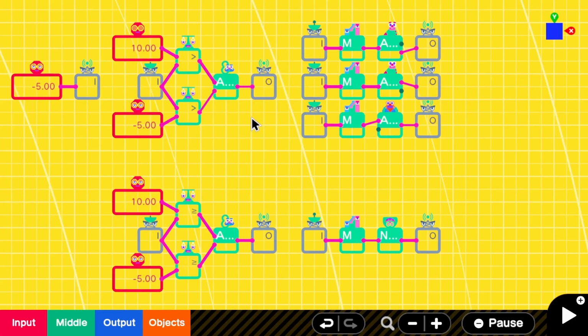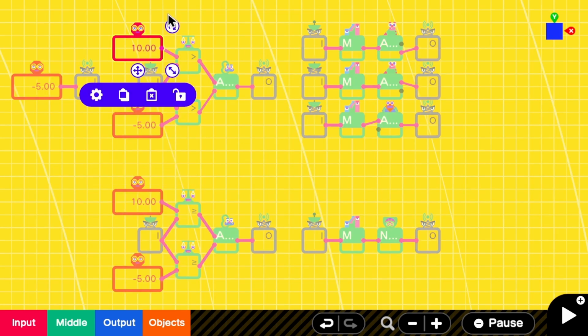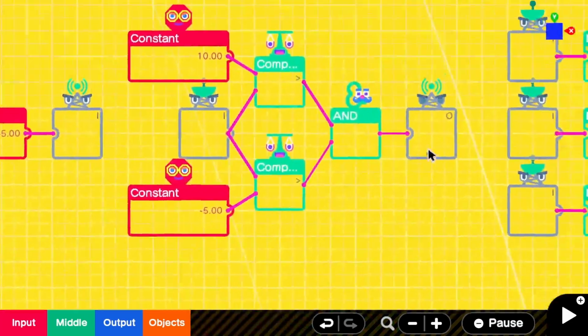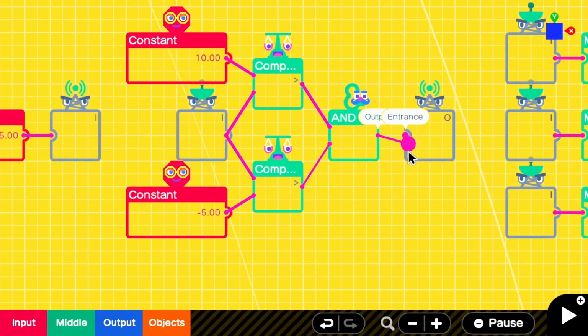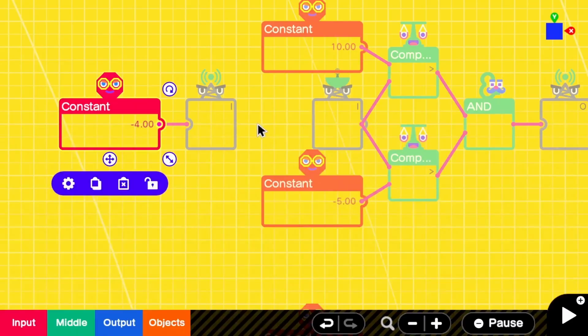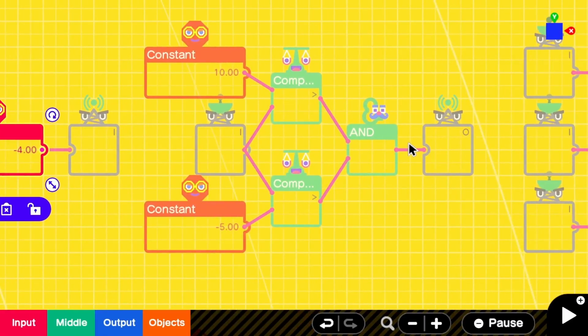Actually, if you pay close attention to these two setups, there's a very slight difference. See here. In this angle setup, it actually excludes specifically the ranges that we set. So for example, if our input here is negative 5, the output will still not activate. If it's negative 5 or less, it's not going to activate, but only if it's strictly within negative 5 and 10, only then will it activate.